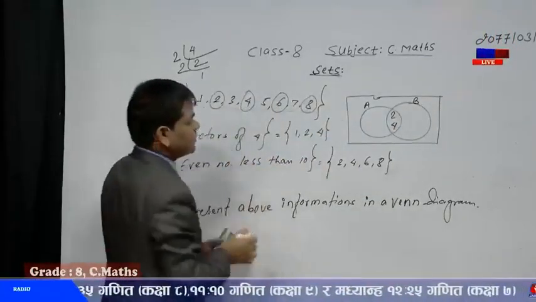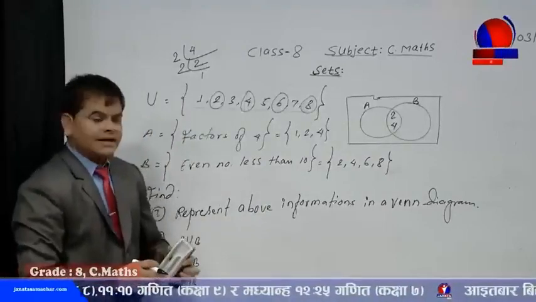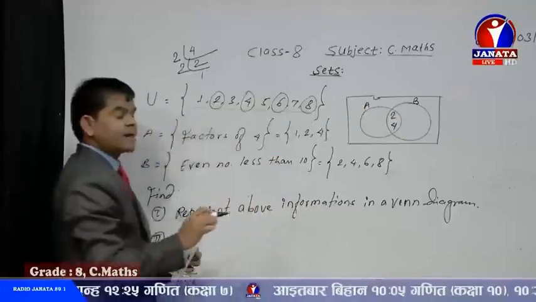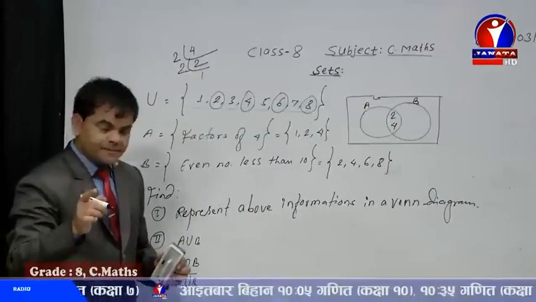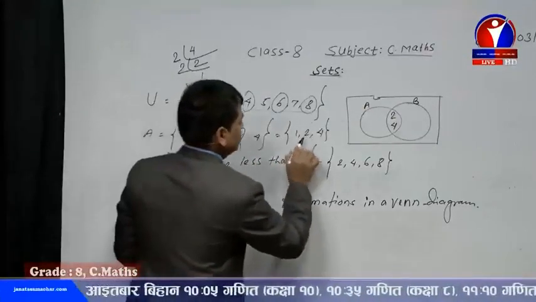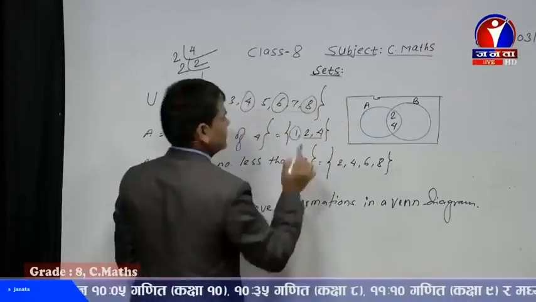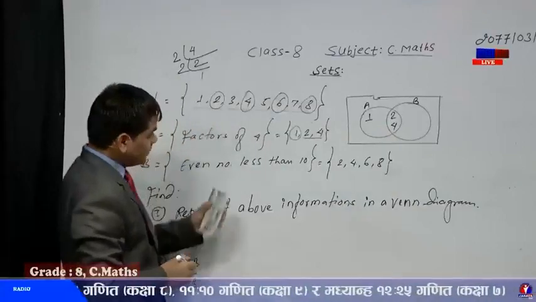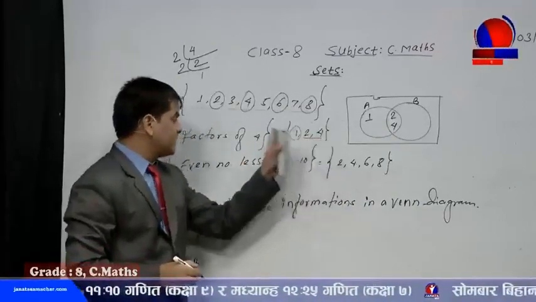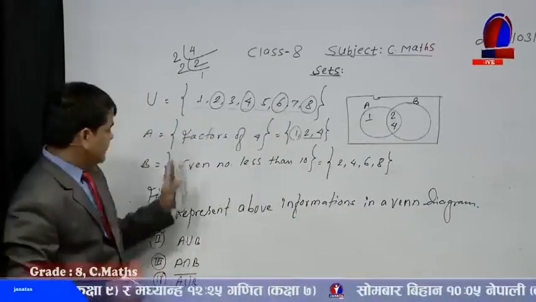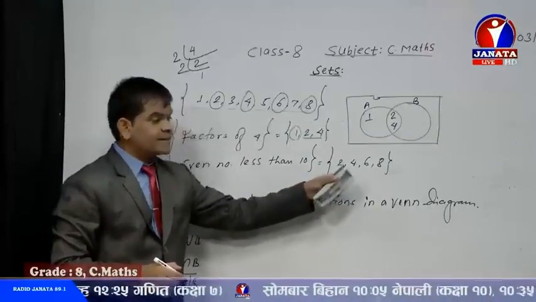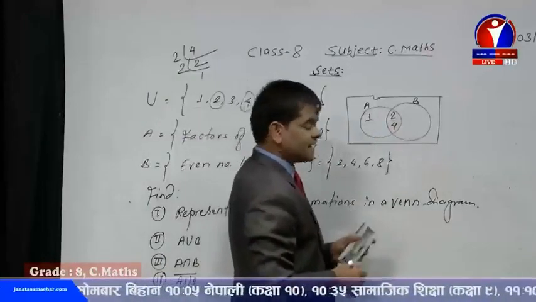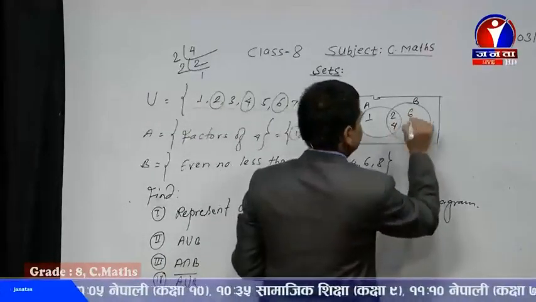Now is the turn of the uncommon elements. That means the elements which are present in A difference B. A difference B means except the common ones, so it will come in the place of only A. Now we have completed representing the information of set A. Now is the turn of the remaining information of set B. 2, 4 we have already adjusted. Now is the turn of 6 and 8.